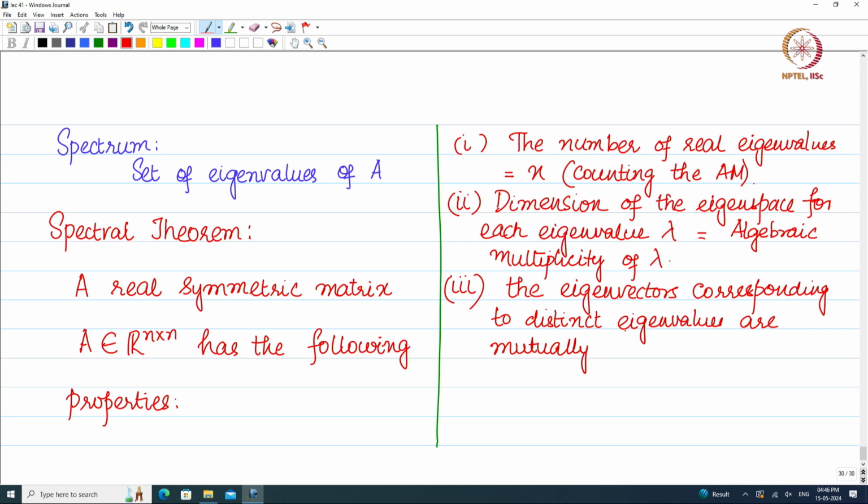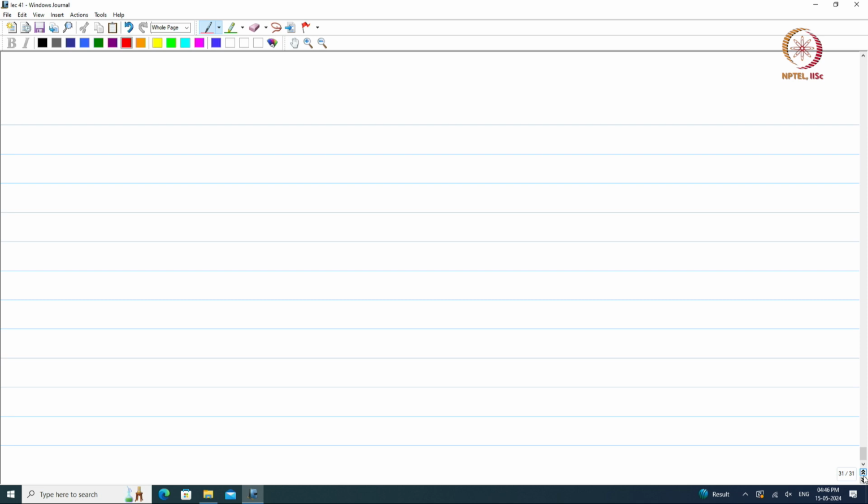And then the last one: A is orthogonally diagonalizable. That means the P matrix, which is an orthogonal matrix, is what we use for diagonalizing this A.